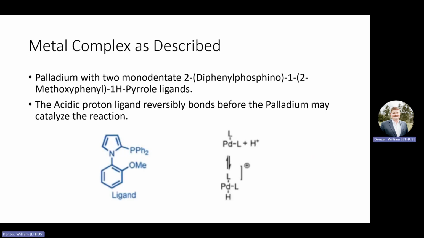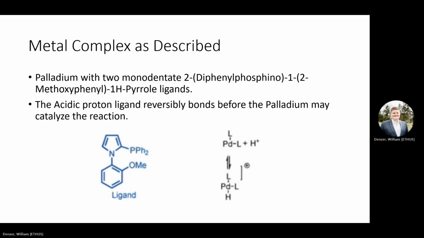The metal complex used is a palladium with two monodentate ligands. The ligands are 2-diphenylphosphino, 1,2-methoxyphenyl, 1H-pyrrole ligands. Palladium is a d10 system, meaning it has 10 d electrons in its oxidation state of 0.